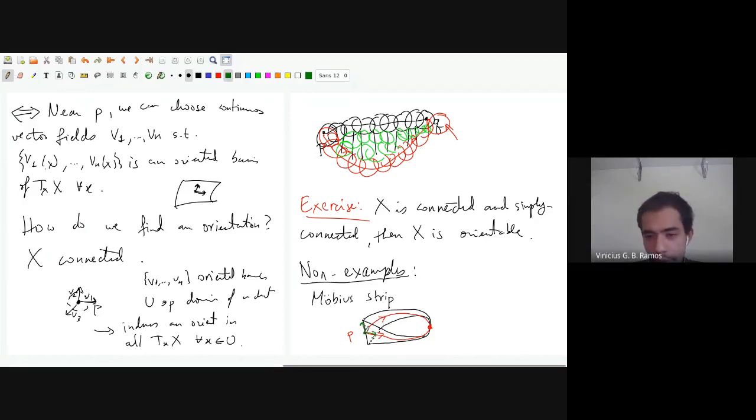When you move it all the way here along this path, this will give you this basis, and then when you move it along the other path, it will give you this basis, something like that.